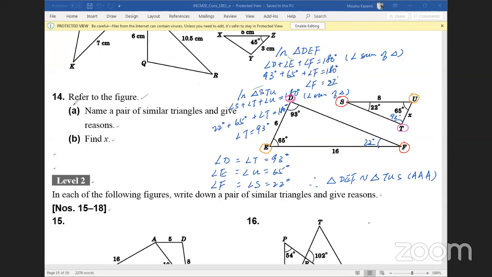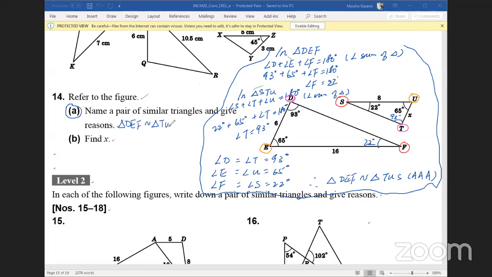This is part A. It means that you have to name a pair of similar triangles. This is the pair, triangle DEF and triangle TUS, AAA.